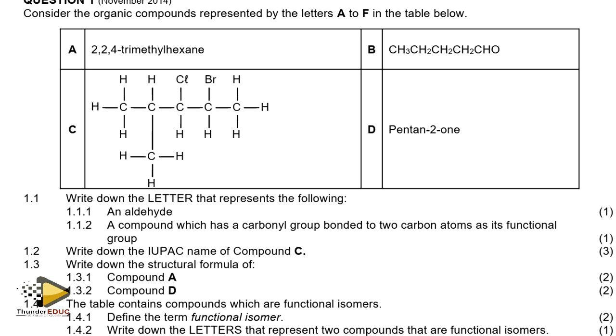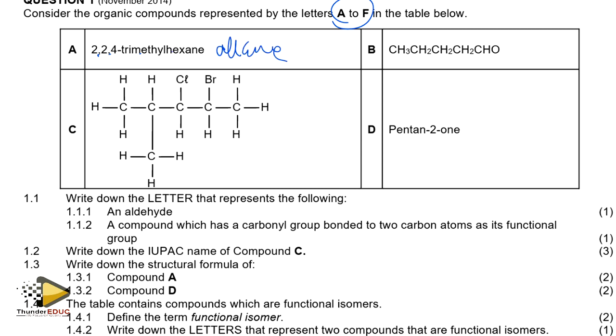Consider the organic compounds represented by A to F in the table below. Write down, before you start doing anything, first identify which functional group or which homologous series each one is. So now we're saying that this is an alkane.